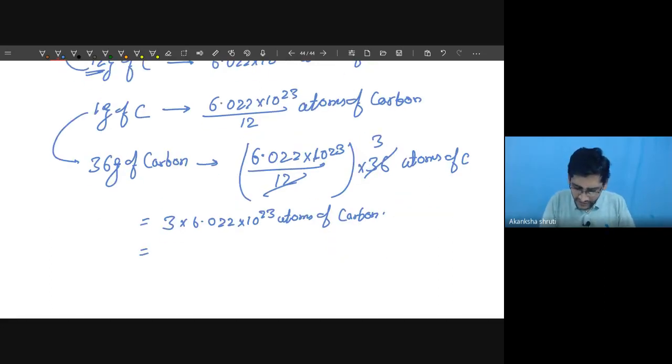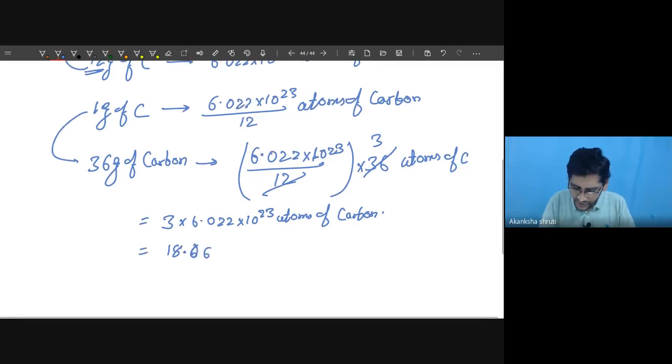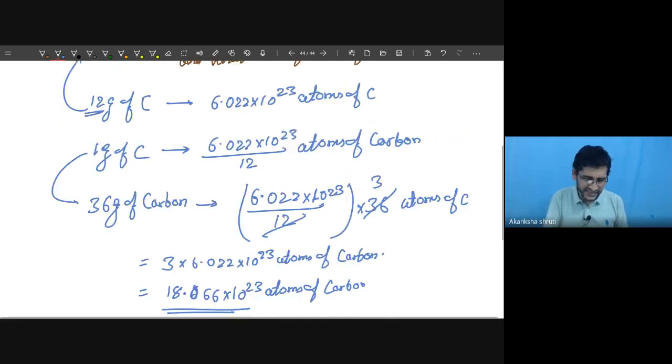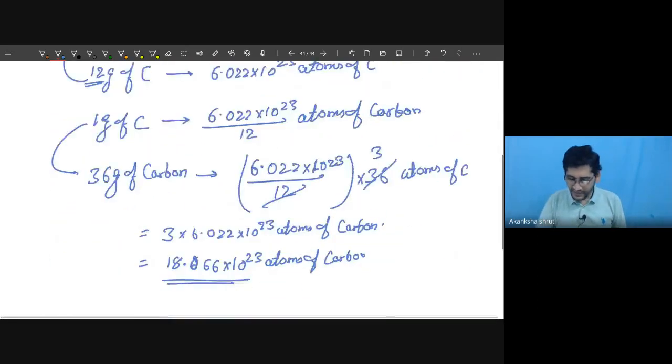Multiply this, you will get 18.066 into 10 to the power 23 atoms of carbon. Are you getting it? So this way, as the mass increases, the number of atoms has also increased. This was the one thing.